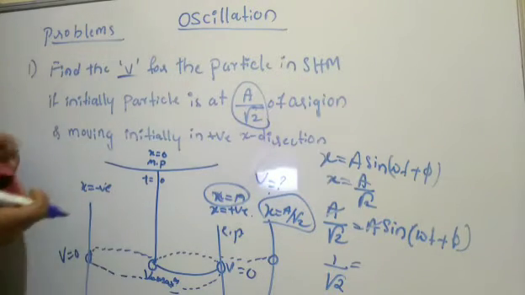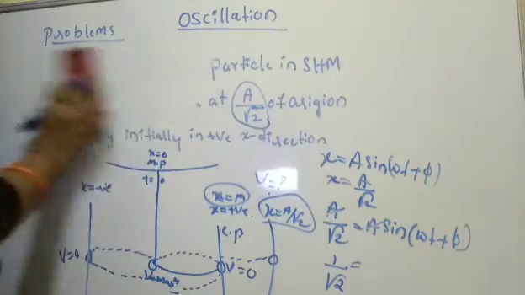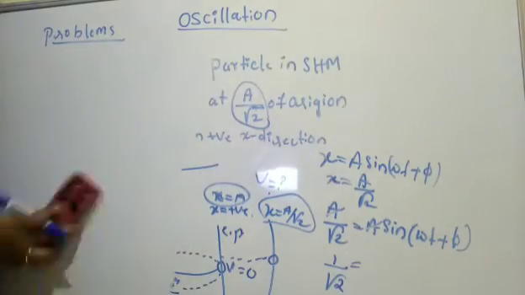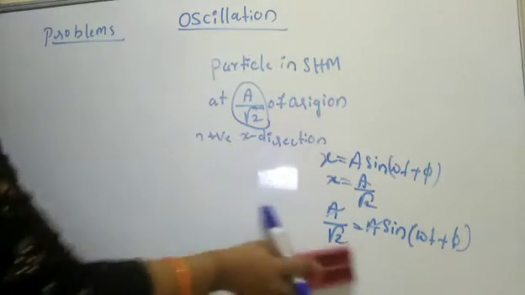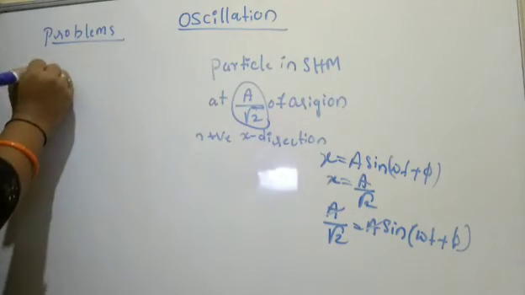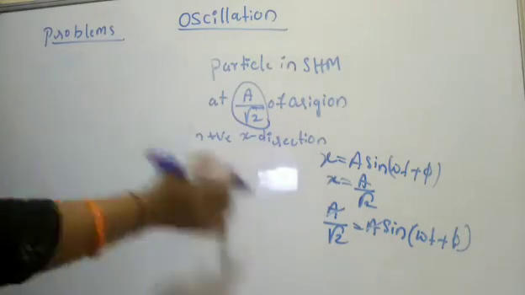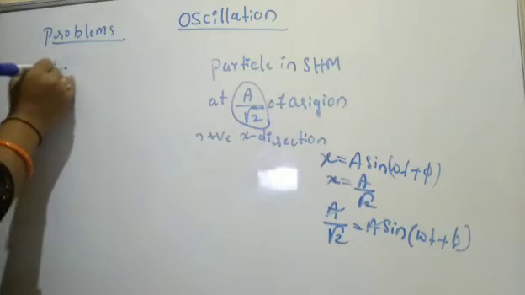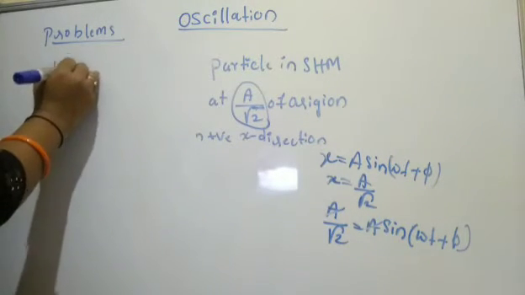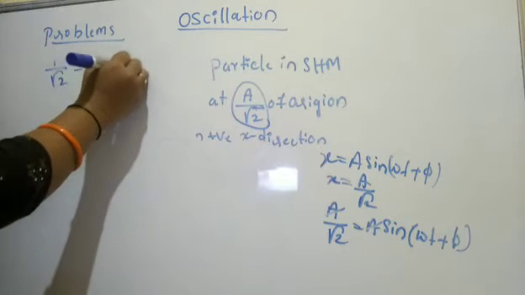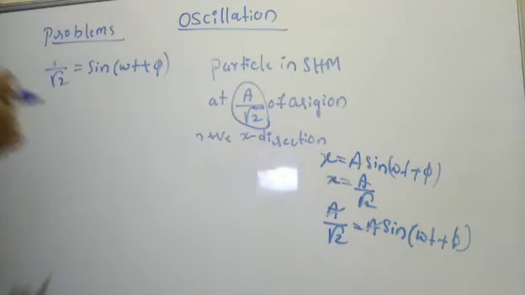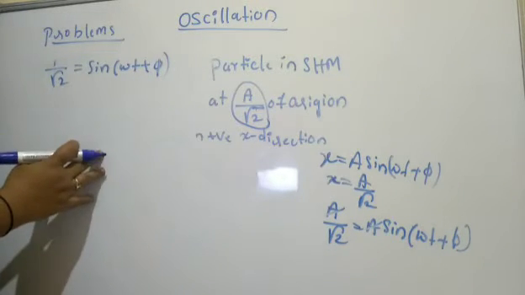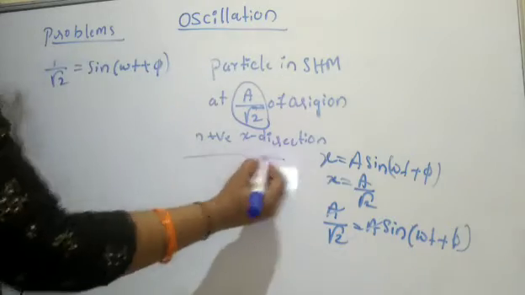Cross verification is very important here. So a by a cancelled, remaining with 1 by root 2 is equal to sine of omega t plus phi, right?